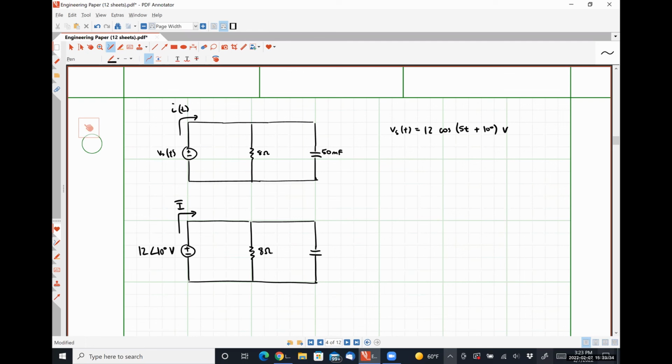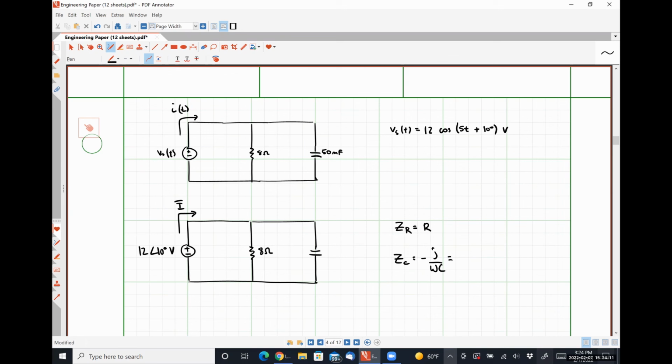What do I do with my capacitor? How do I convert my capacitor from the time domain to the frequency domain? All right, so negative j over omega C. So what's omega?